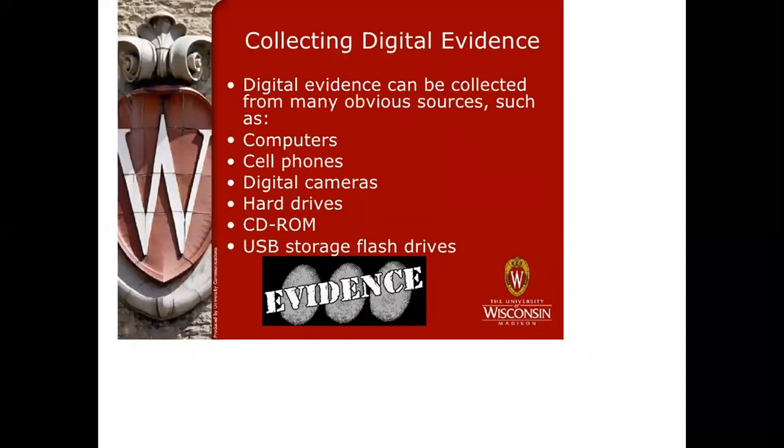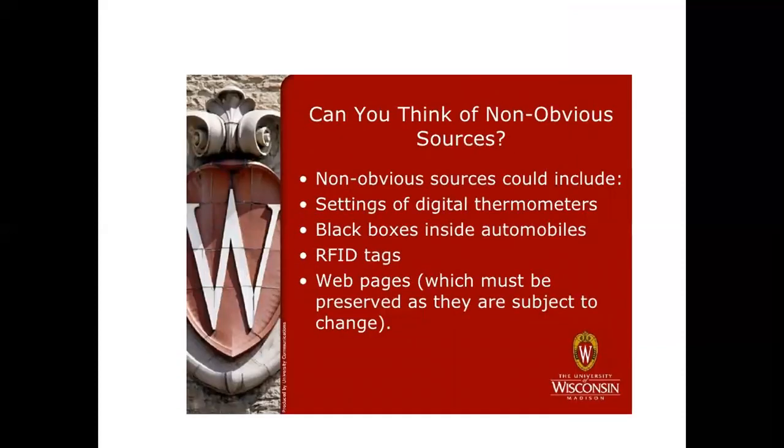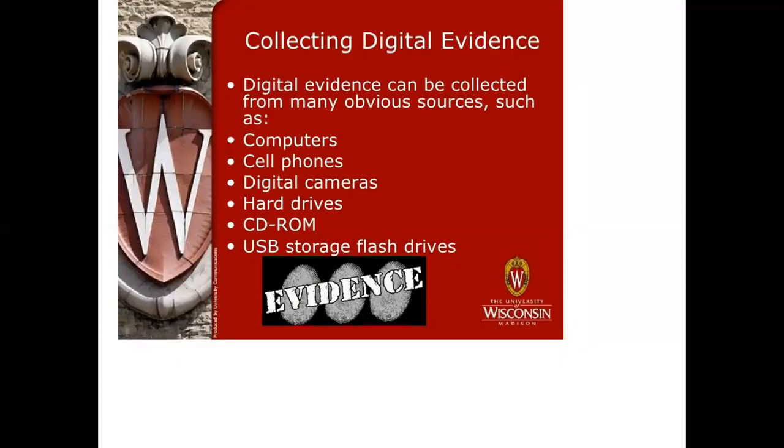Okay, fine. Then collecting digital evidence. It can be collected from many sources such as computers, cell phones, digital cameras, hard drives, CD-ROM, USB storage, flash drives. These are the important digital evidence collecting sources.